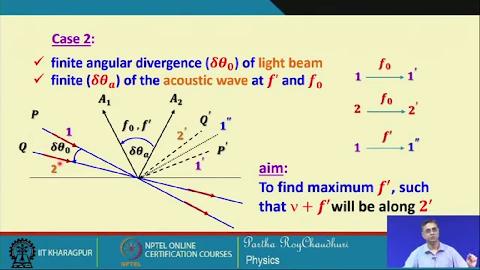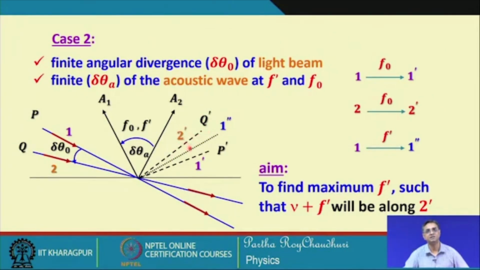That means, to say precisely, that the optical beam 1 will be diffracted at the most along the direction 2 dash.